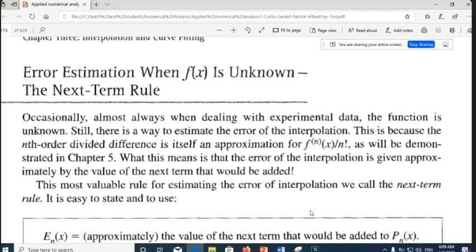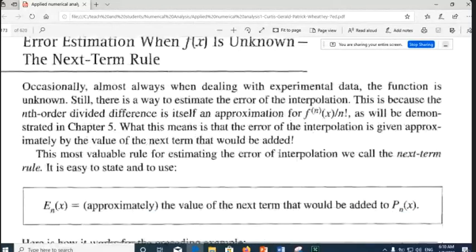In cases of examination of different methods of interpolation, we can interpolate a known function, but here we assume that we want to estimate or interpolate an unknown function f of x.